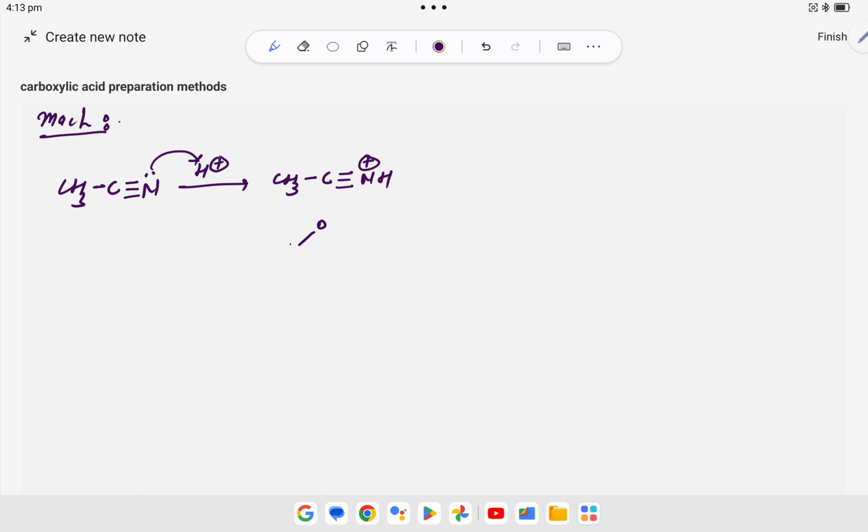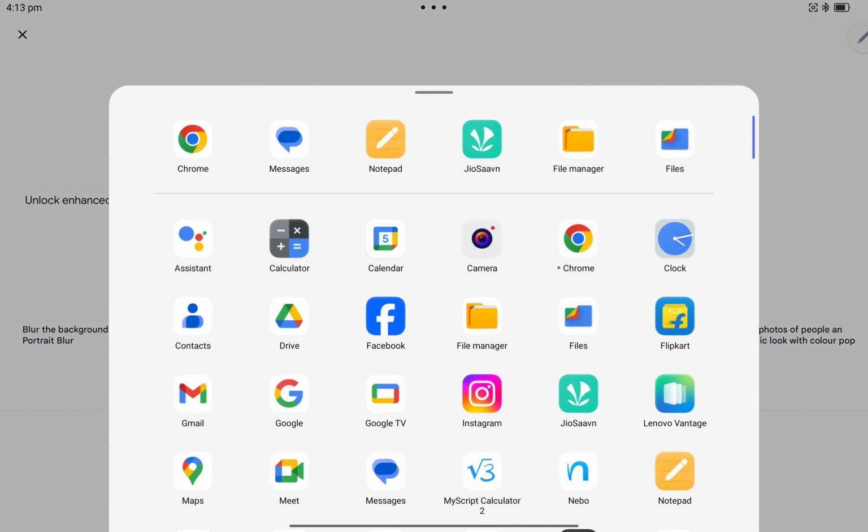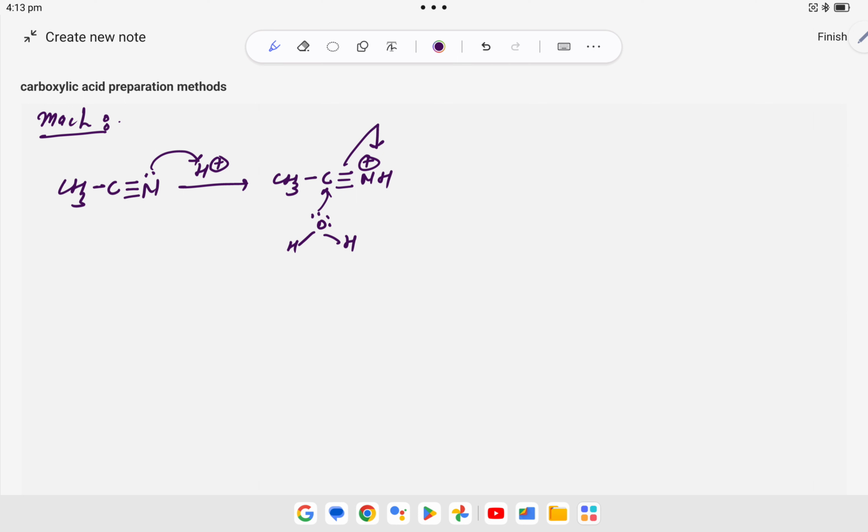Now the water species' lone pair, these electrons shifted here, and the water species attached with the carbon. So finally you are getting CH3 C, oxygen, hydrogen, one more hydrogen, and oxygen is having a positive charge, double bond NH.